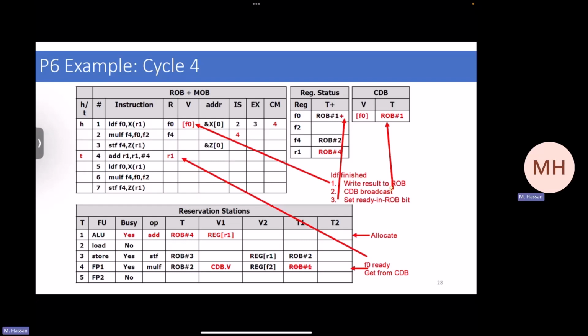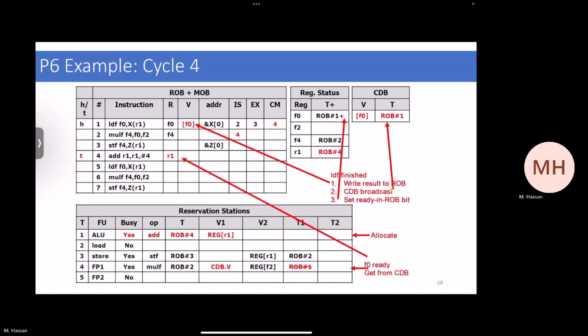So when I reallocate this reservation station, R1 is no longer ready, but instead it has to wait for ROB entry 4, which is allocated for R1. And as a load, I'm going to write into F0, so I'm reserving F0 again. My entry in the ROB is 5, so I'm marking it as 5, and I write the destination here to be 5 for the load.